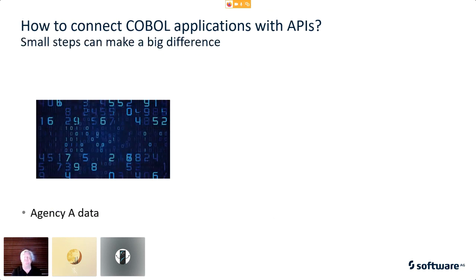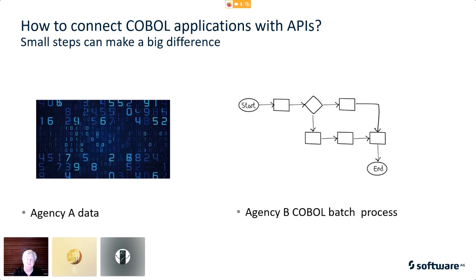The first one was a state agency, that same state agency we were talking about that had criminal justice information. So they had a bunch of data out there in their own little siloed world. Another agency within that same state had a COBOL batch process that had absolutely nothing to do with Agency A. Agency A was a criminal justice system.